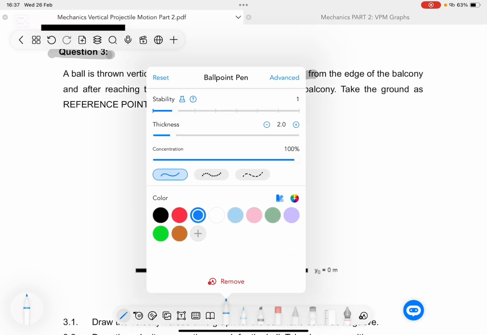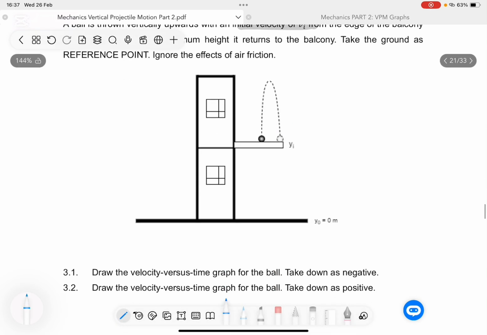Now here what you'll have to note is that question 3.1 says draw the velocity versus time graph and take down as negative. So we are saying that a vector that goes down here is a negative vector. So the y is negative there.